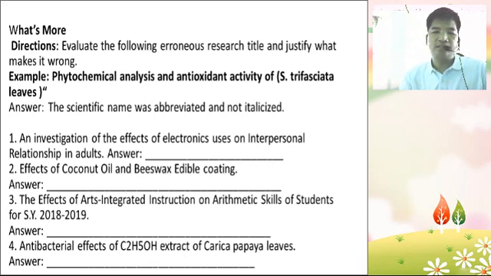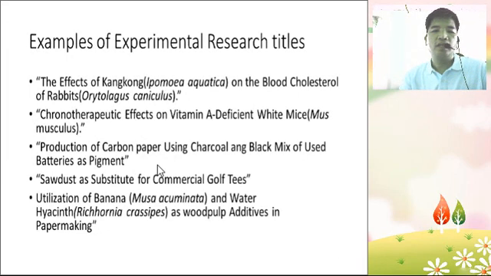The next is, we have here some examples of experimental research titles. "The effects of kangkong, Ipomoea aquatica, on the blood cholesterol of rabbits." As you can see, the scientific names are italicized. "Chronotherapeutic effects on vitamin A deficient white mice, Mus musculus."